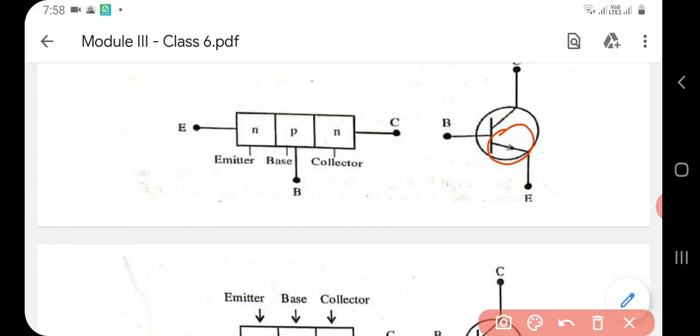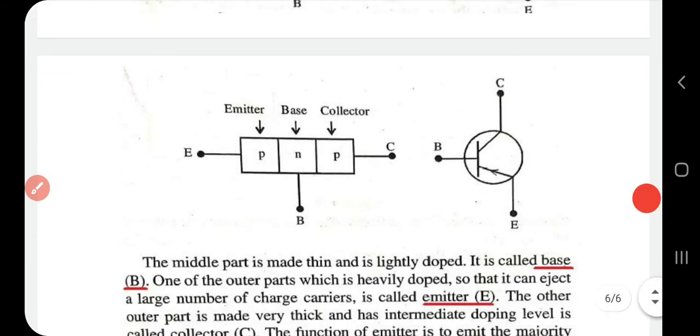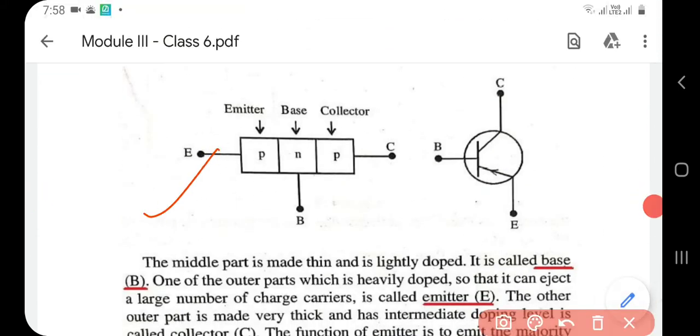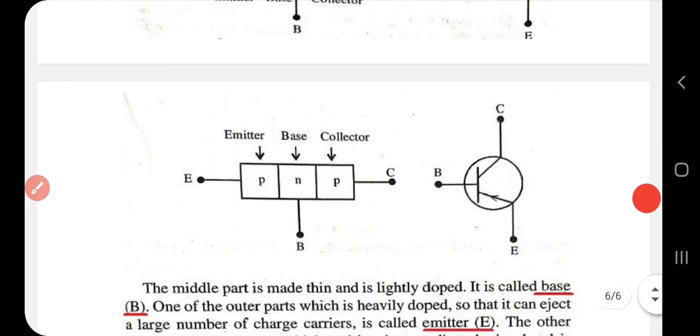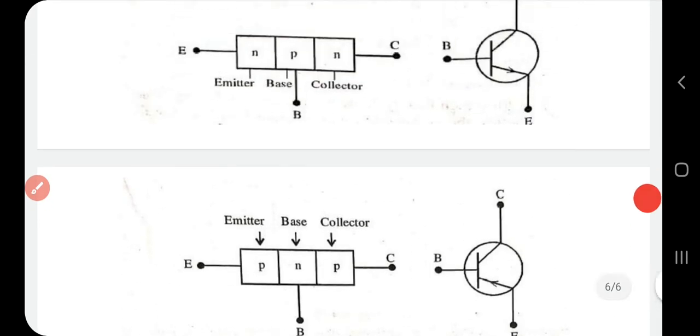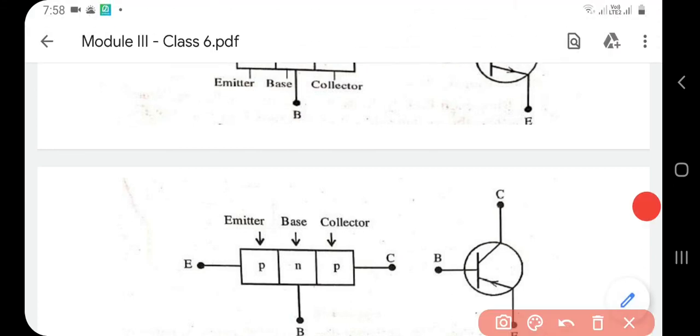Whereas in the case of a PNP transistor, a thin N layer is sandwiched between two P layers, and here in the emitter circuit the arrow is pointing inwards. This is the emitter, base, collector. So in an NPN transistor the arrow is pointing outwards, whereas in a PNP transistor the arrow is pointing inwards. So just study the definition and the difference in the symbols.